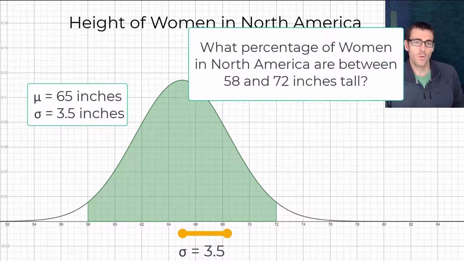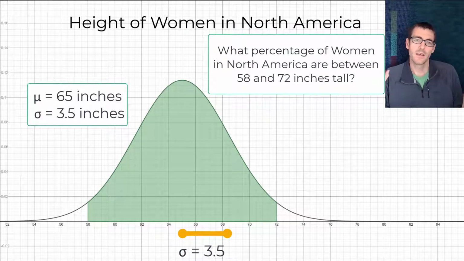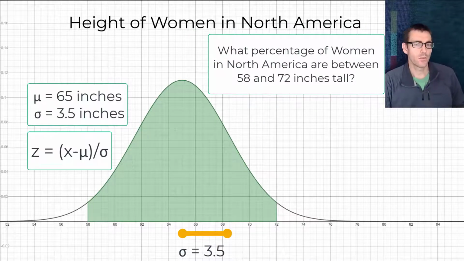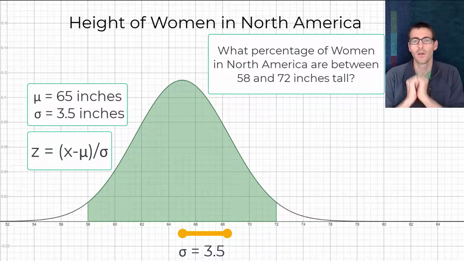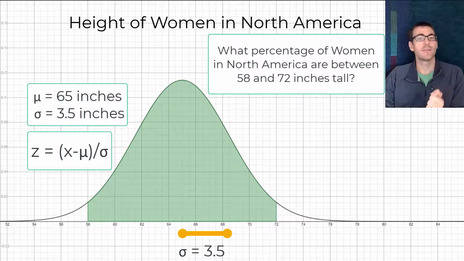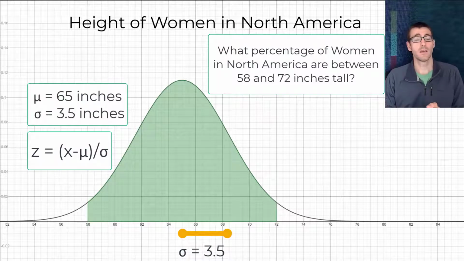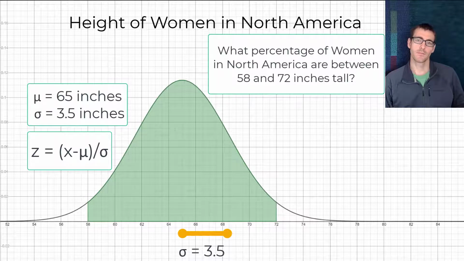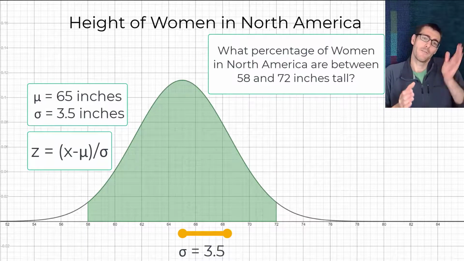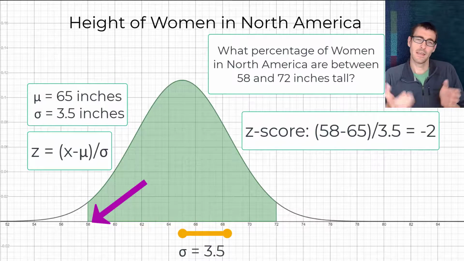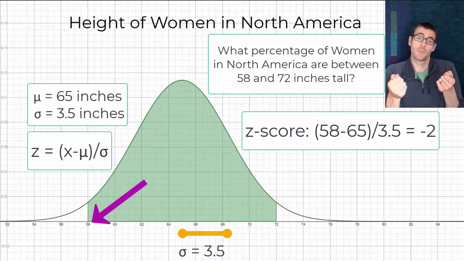Okay, in order to answer this question, we're going to translate the endpoints of the region that we're talking about into z-scores. We want to be talking about how many standard deviations away from the mean a certain value is, rather than its absolute measurements. Since our mean is 65 inches and our standard deviation is 3.5 inches, this 58-inch cutoff is 7 inches below the mean.